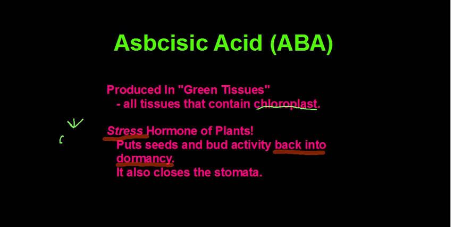And I'm just going to abbreviate ACT for short. And during this process, with all this ABA in the plant system, it also closes the stomata. And the stomata is the site of gas exchange, the tiny pore opening on plants that allows for gas exchange. And that's really important to the health and growth and development of our plants.